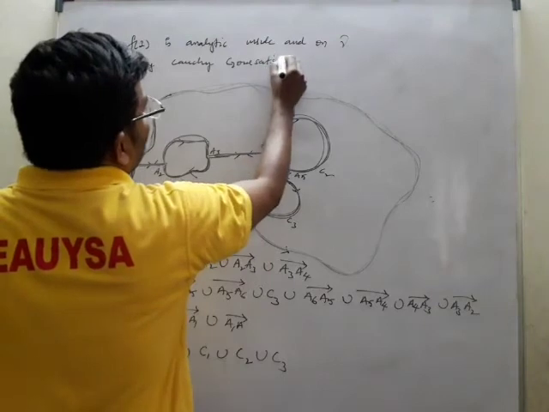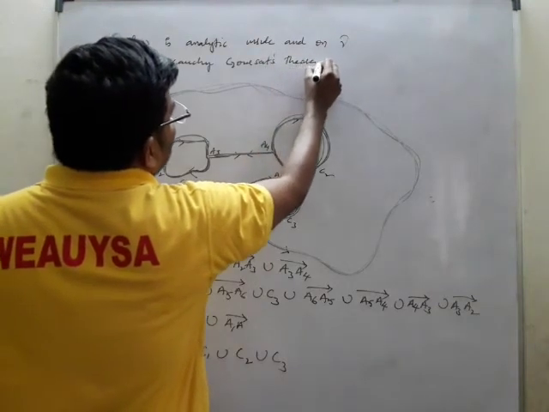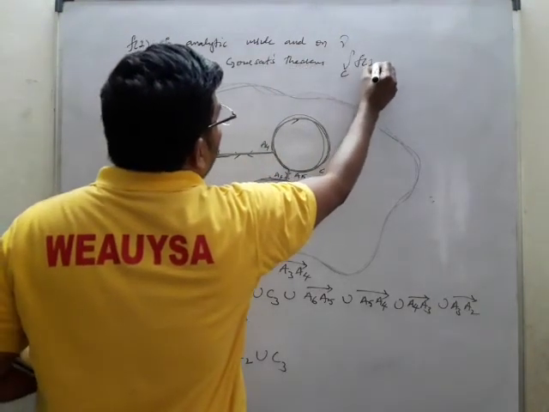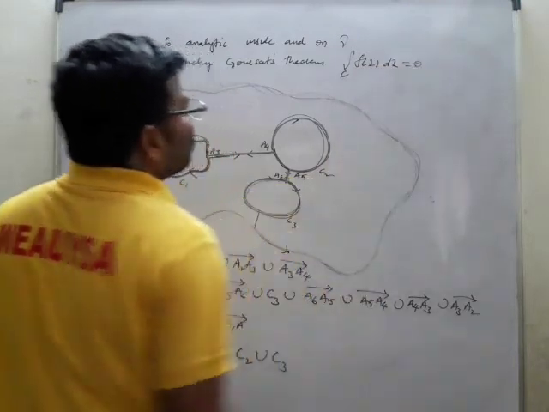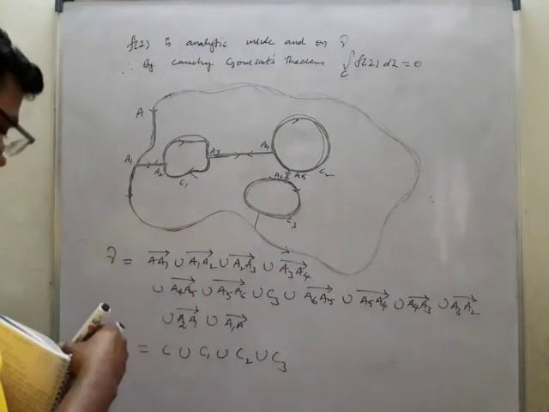What is the theorem statement? Integral over C of f of z dz equal to 0. That is the Cauchy-Goursat theorem statement.